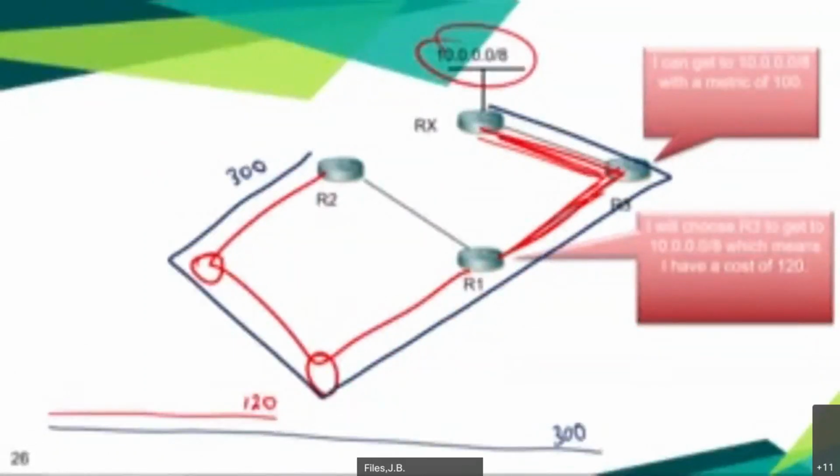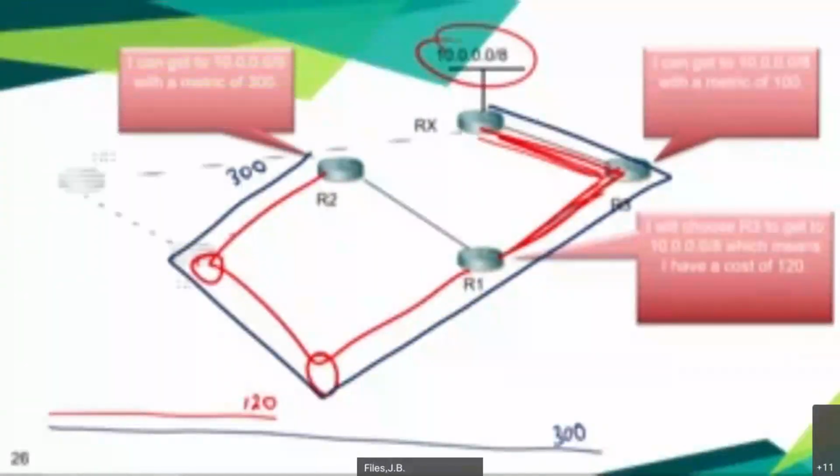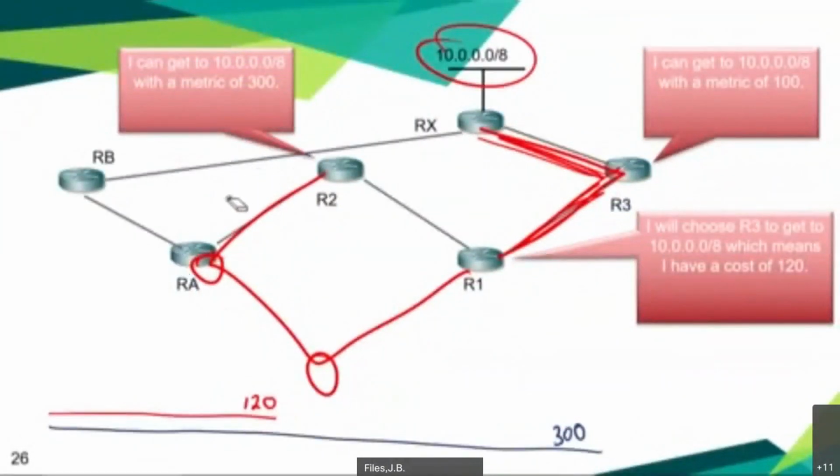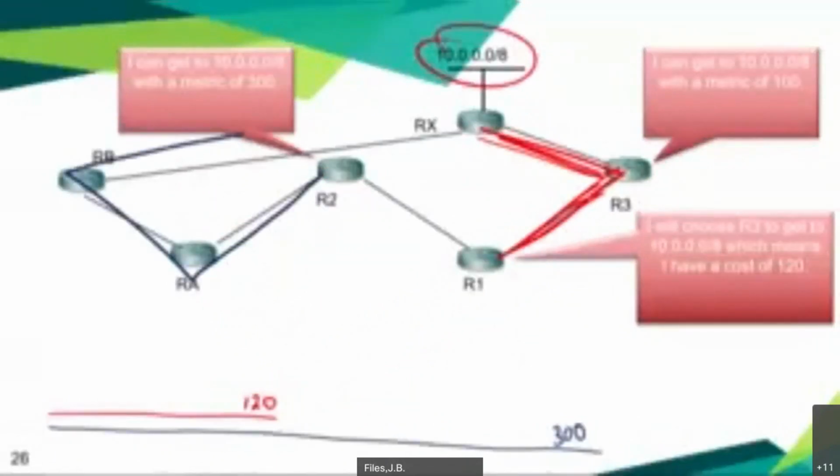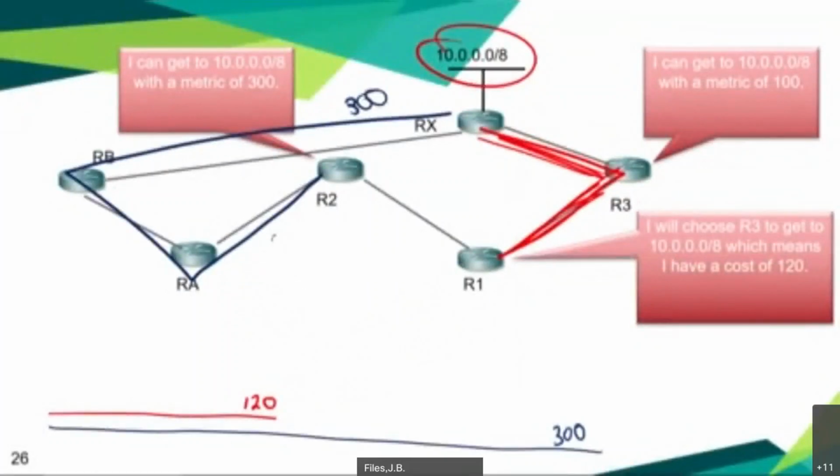Now, let's say we're actually in a situation like this. Okay, so now this path is like this. So R2's reported distance is 300. That's not R1's distance if it was going to use that route.